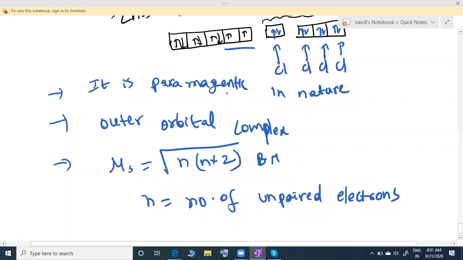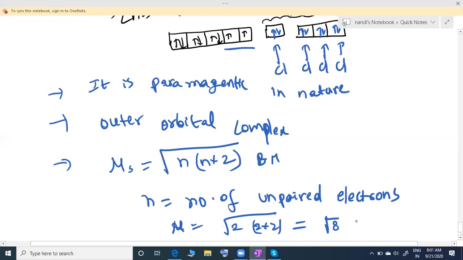Got it? Here, how many unpaired electrons are there? 2. So you can substitute here: magnetic moment mu equals root of 2 into 2 plus 2. How much will we get? Finally root 8, which is 2 root 2.